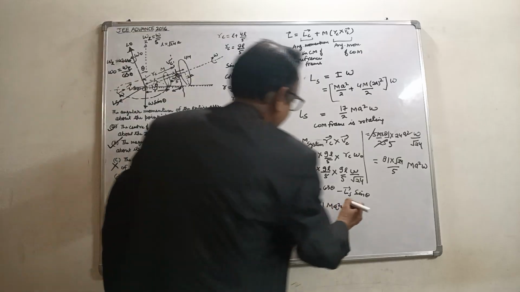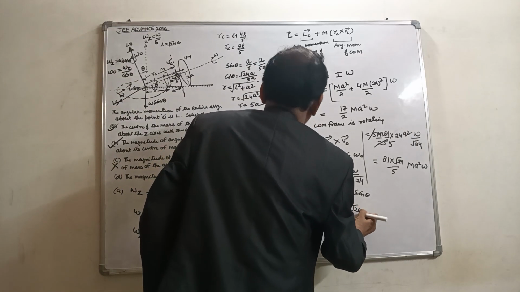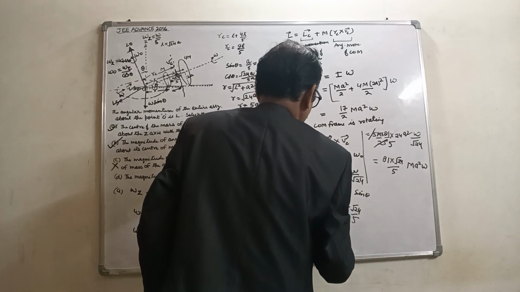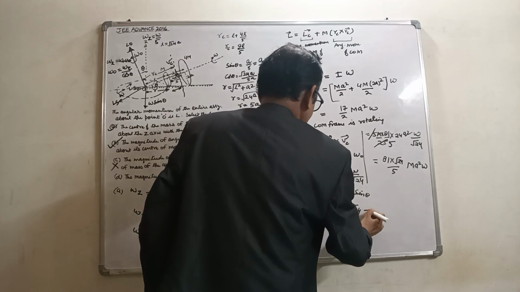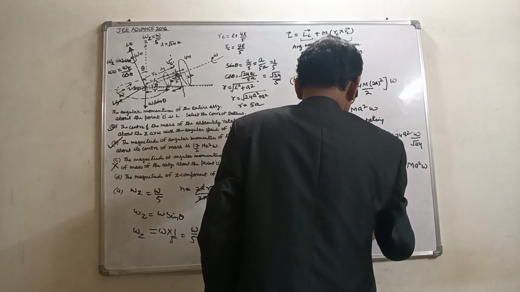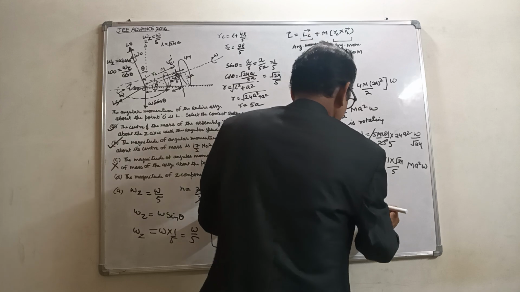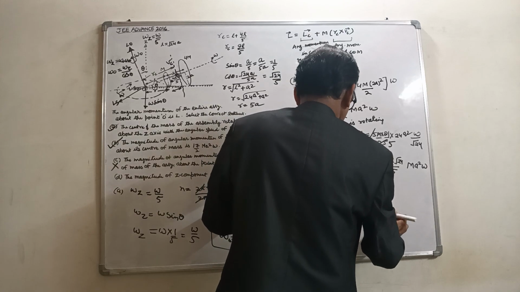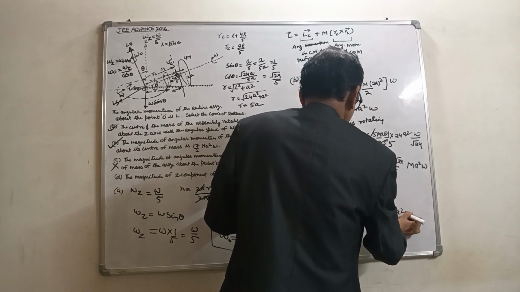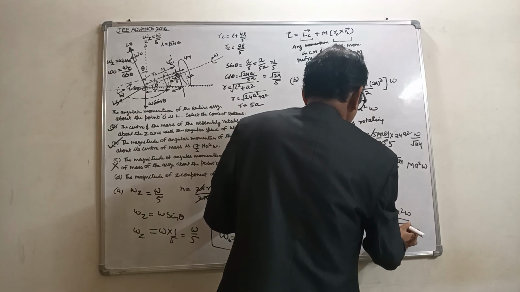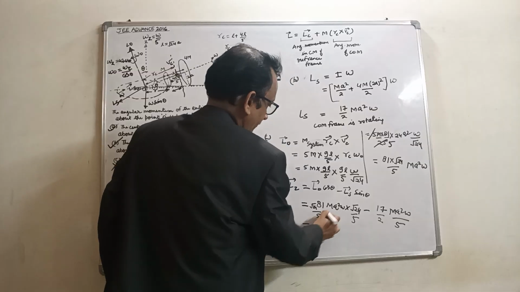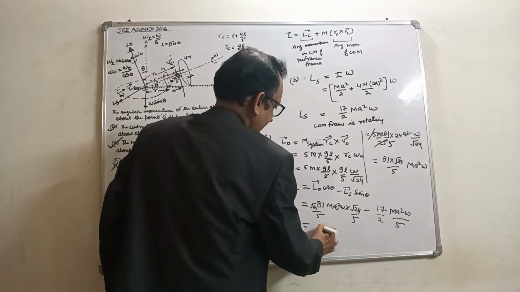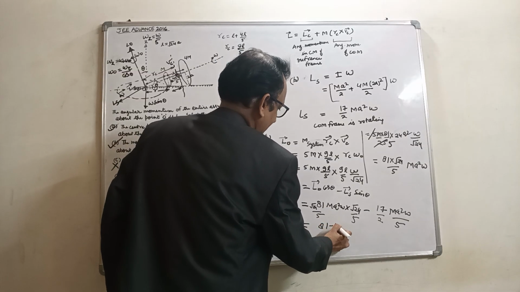This is root 24 by 5, approximately 1, minus LS, which is 17 by 2 ma square omega by 5, and the sin theta value is 1 by 5. So approximately this is 81 and this is 1.7.